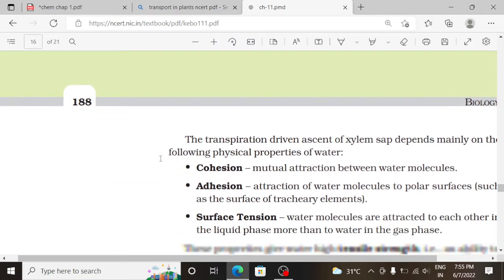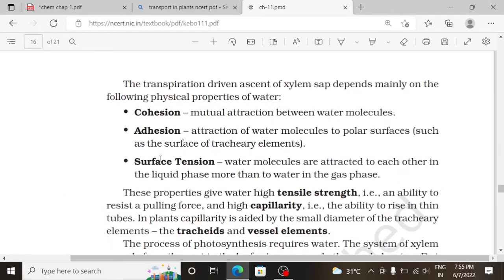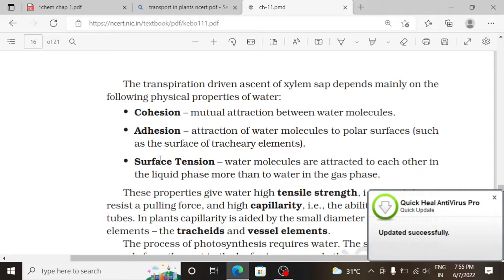The transpiration-driven ascent of xylem sap depends mainly on the following physical properties of water: cohesion, the mutual attraction between water molecules; adhesion, the attraction of water molecules to polar surfaces such as the surface of tracheary elements; and surface tension, where water molecules are attracted to each other in the liquid phase more than to water in the gas phase.